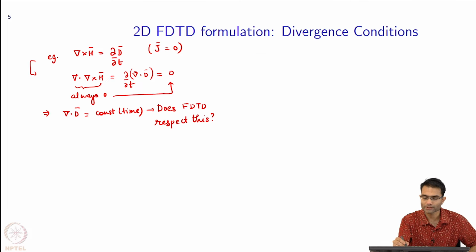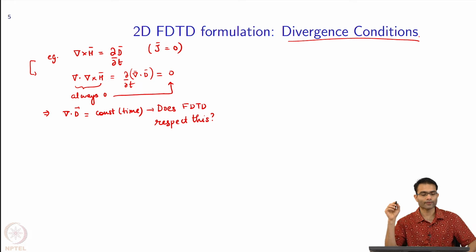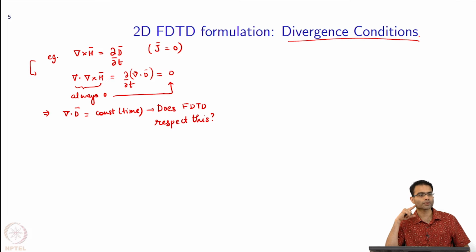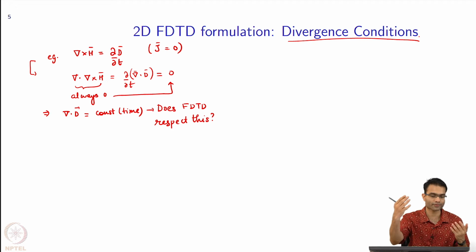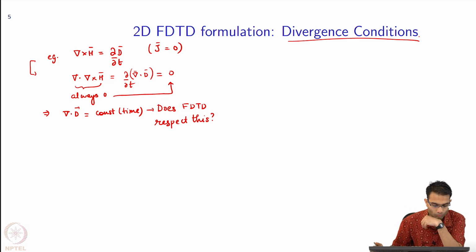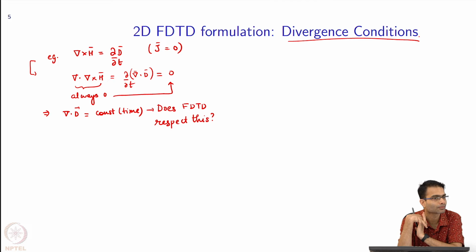So let's reflect on this divergence condition a little bit, and we want to find out what FDTD tells us about this. How will we get an answer to this? So first of all, this is a condition in continuous space, del dot D, right? So if I want to look at it in discretized space, then I have to think of these stencils and discretized versions of the variable D. Which of the two polarizations will be more interesting to answer this question, TM or TE?